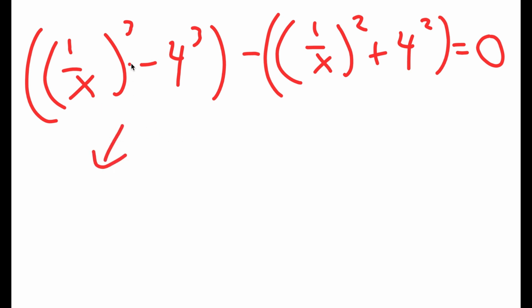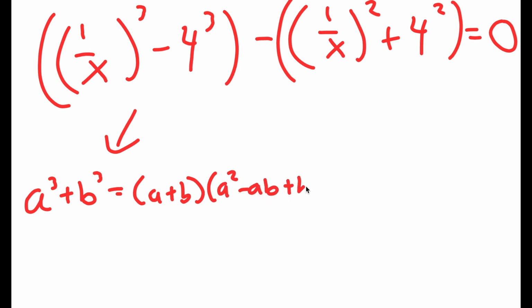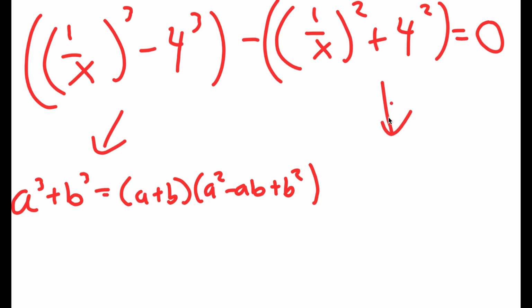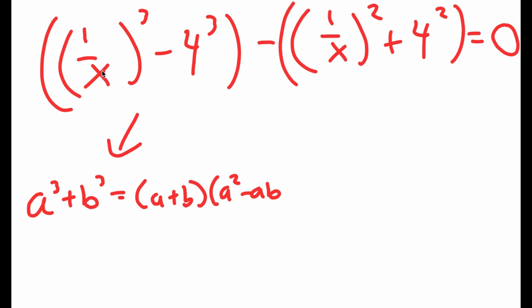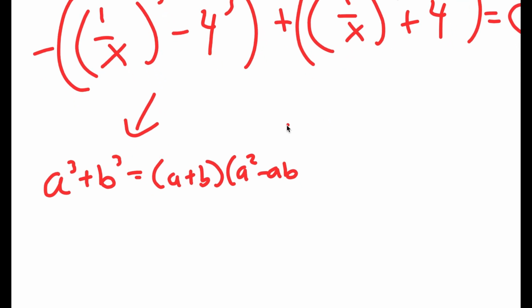For 1 over x to the power of 3 minus 4 to the power of 3, I'm going to be using the property a to the power of 3 plus b to the power of 3 is equal to a plus b times a squared minus ab plus b squared. Sorry, I actually did this in the wrong order. This should be negative 1 over x to the power of 3 minus 4 to the 3 plus this.